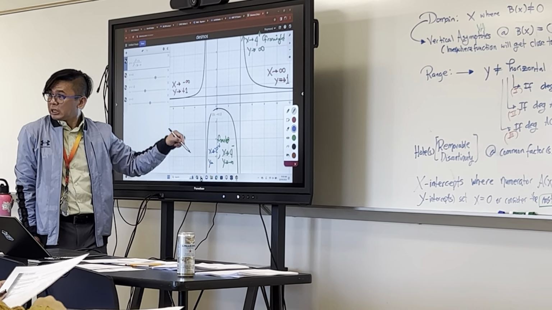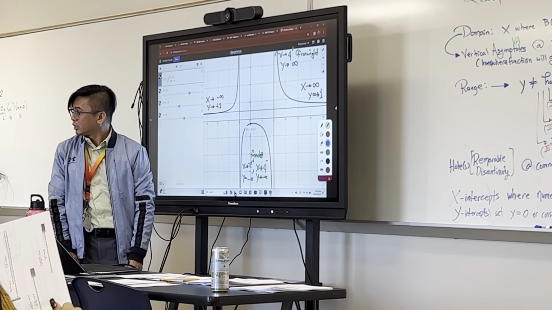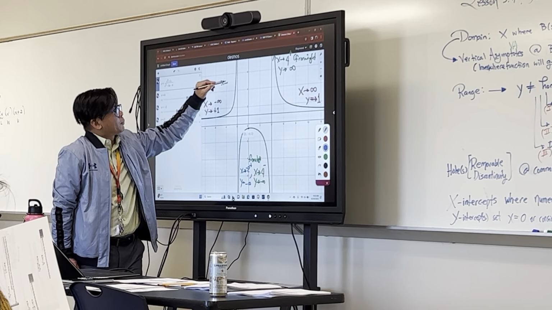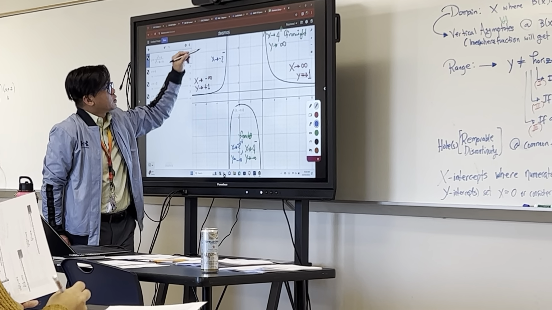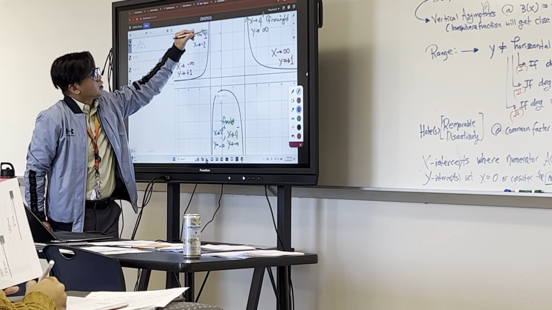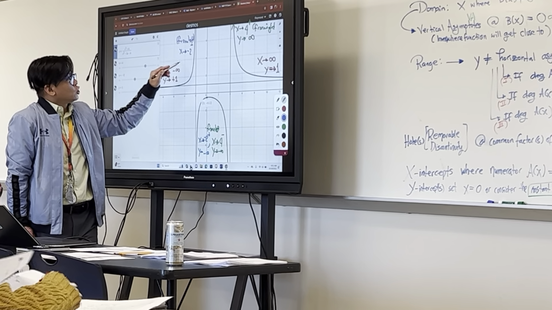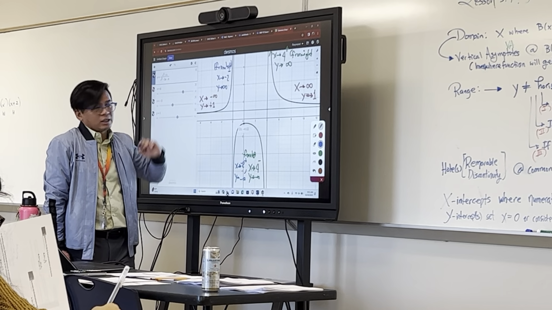Up or down? Down. That's negative infinity. And the last one here: as x approaches negative 2 minus, because it's from the left, where is your y going to? Going up, positive infinity.